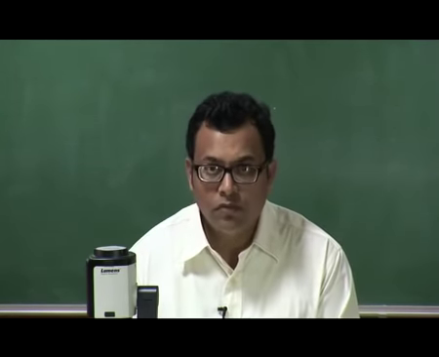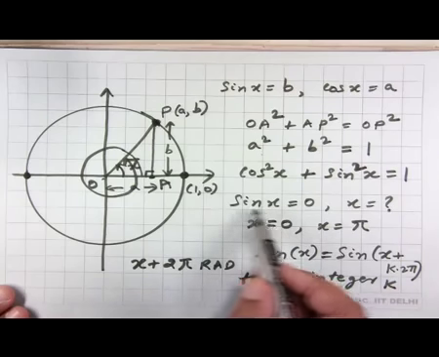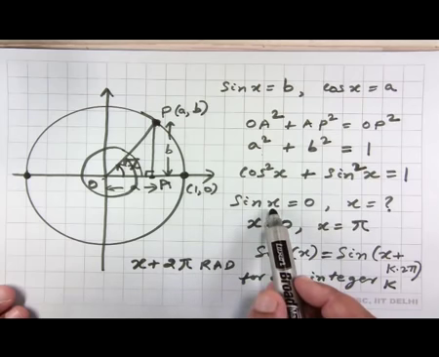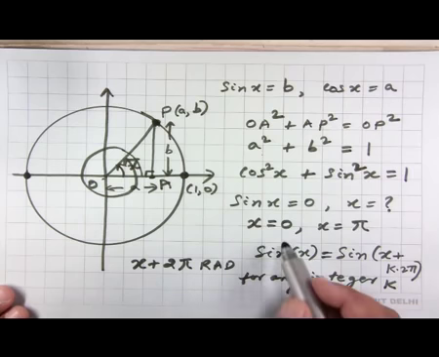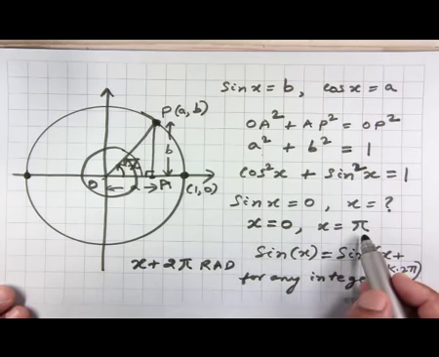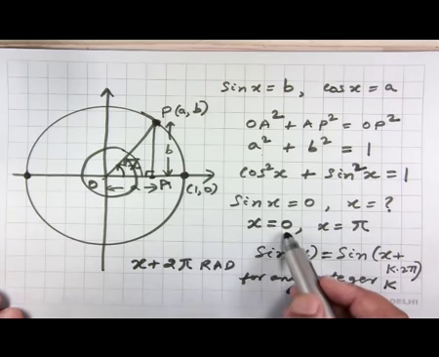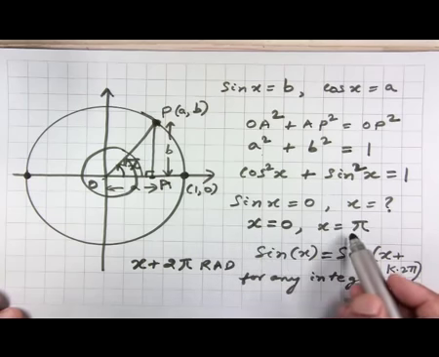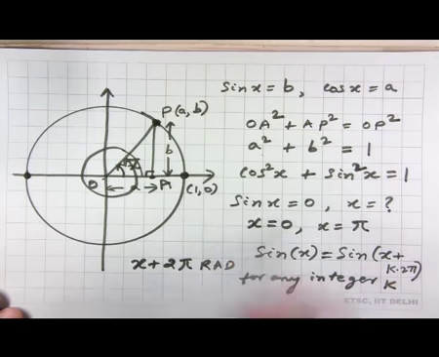And therefore, now going back to this problem where we started from, which was to find out those values of x for which sin x is equal to 0. In addition to x equal to 0 and x equal to pi, there will be many other solutions, because since x equal to 0 is a solution, x equal to 0 plus 2 pi will also be a solution, and therefore, 4 pi will also be a solution to this equation sin x equal to 0.